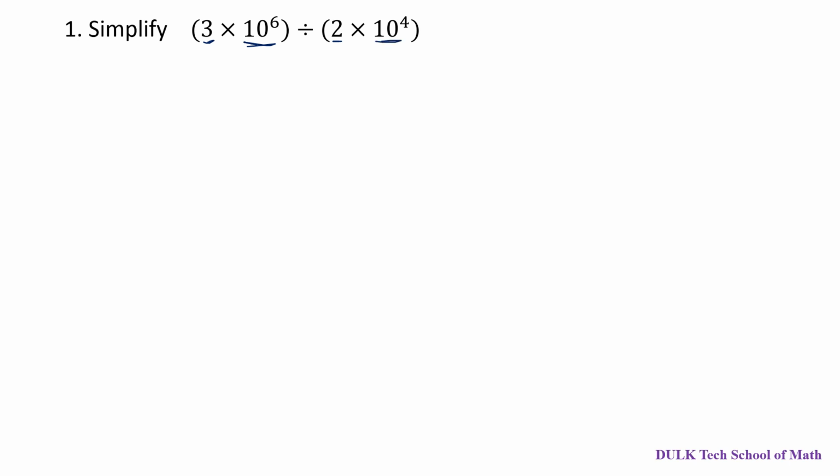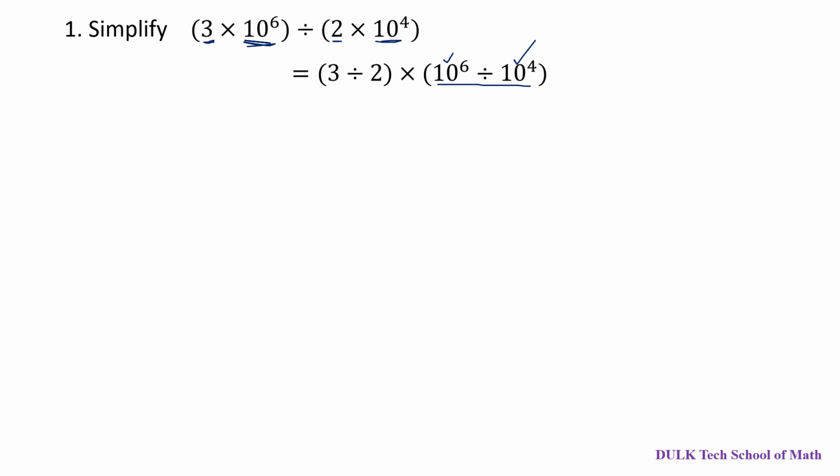So what we are going to do here is divide this 3 in the first brackets by 2 like this. At the same time, this 10 to the power 6 will be divided by 10 to the power 4. According to the laws of indices, if we are dividing two terms where the bases are the same, we just subtract the powers.